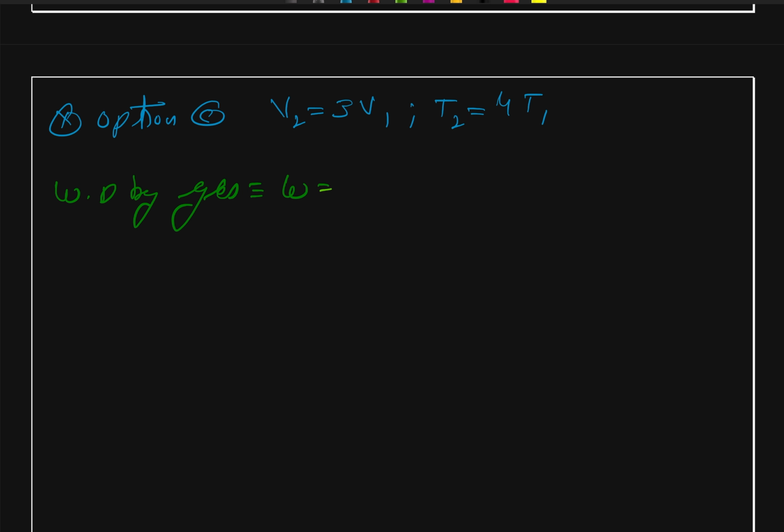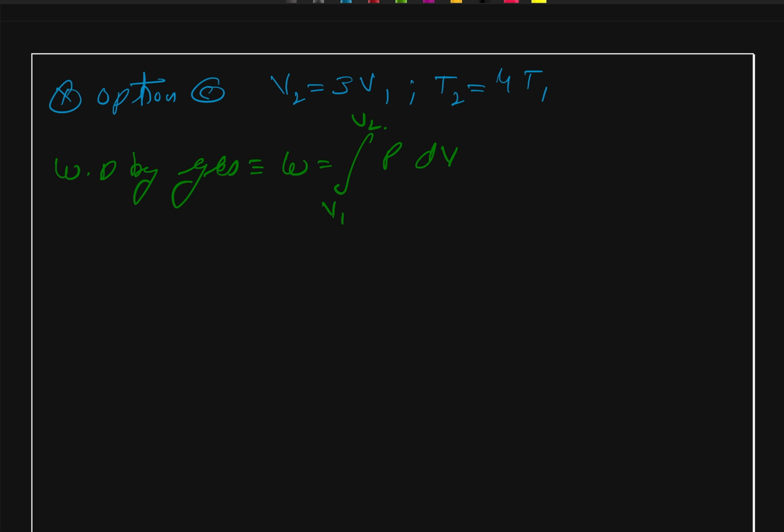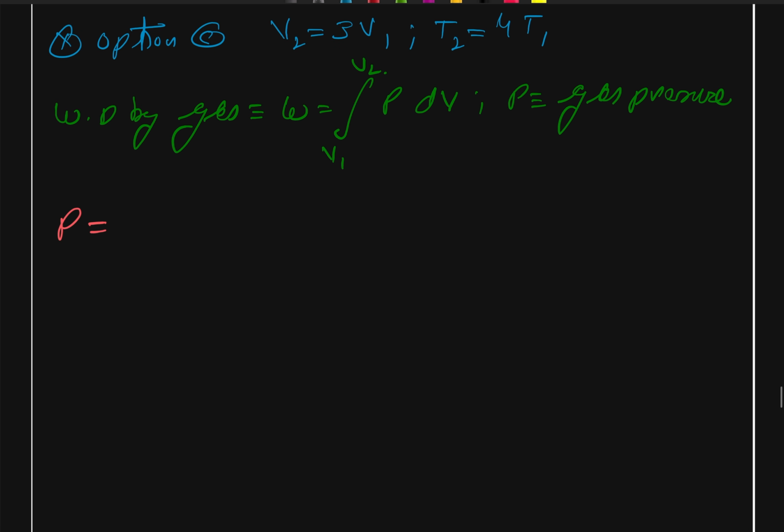is our W, integration V1 to V2 of P dV. P is our gas pressure, which we already know is equal to pressure external plus K upon A times X, which comes as our P1 plus K upon A square times (V minus V1).